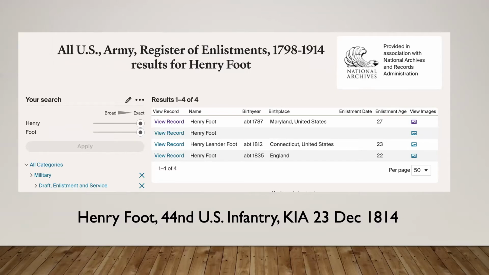And remember, if you can remember back that far, the references for Henry Foote included two references on Maryland in the War of 1812 and Maryland casualties in the War of 1812. So this top one would appear to be the Henry Foote that we're interested in.